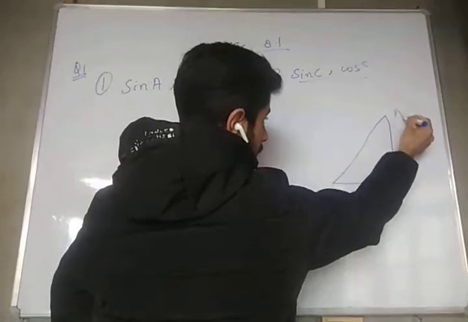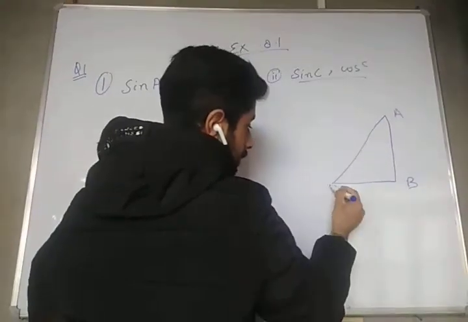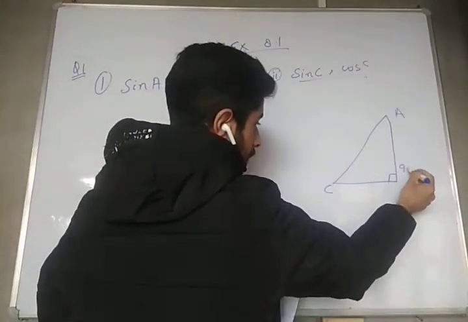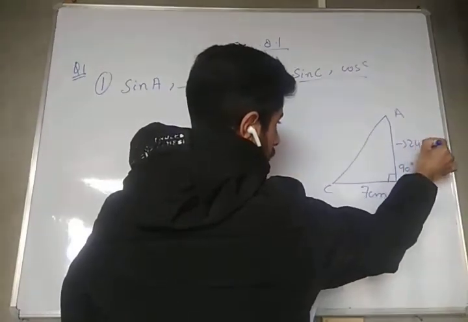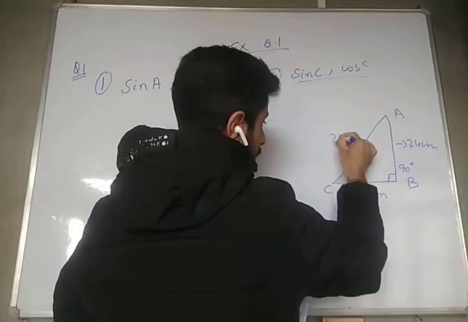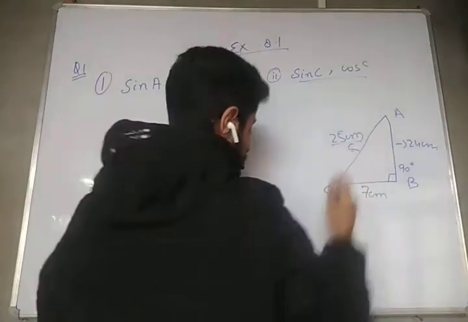It was A, B and C. This was 90, this was 7 centimeter, this was 24 centimeter, and this we calculated as 25 centimeter.